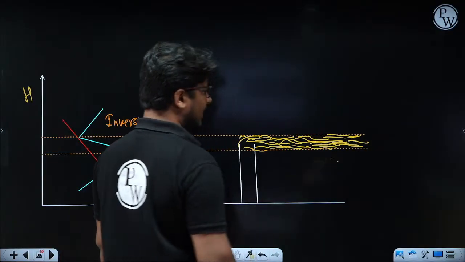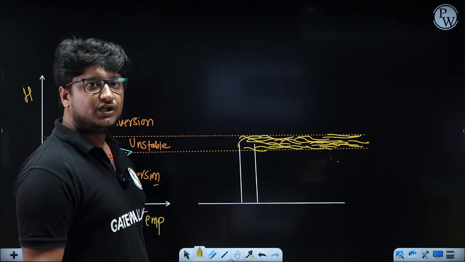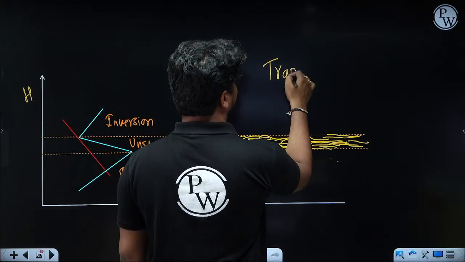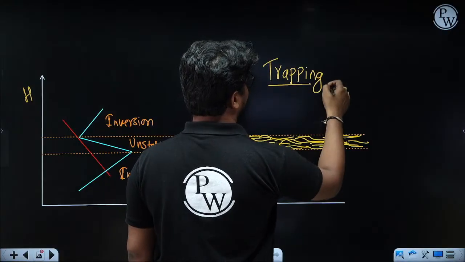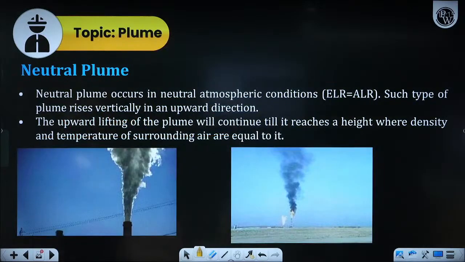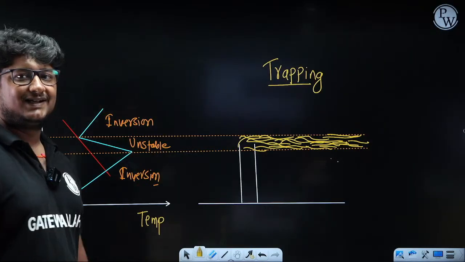Yes or no? This type of plume behavior is called trapping.